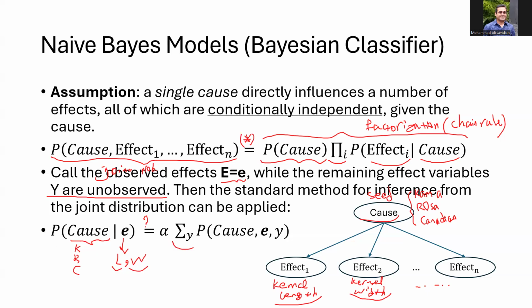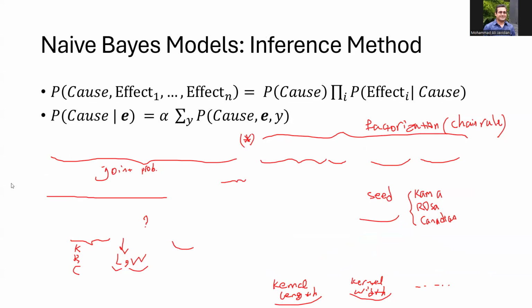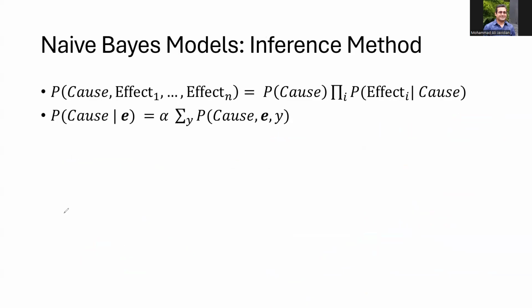How it works is very simple. Let me show you in this slide how we can compute the probability of cause given a set of evidence. The first equation is the chain rule. And the second equation is the way that we are going to compute the probability of cause given that evidence.